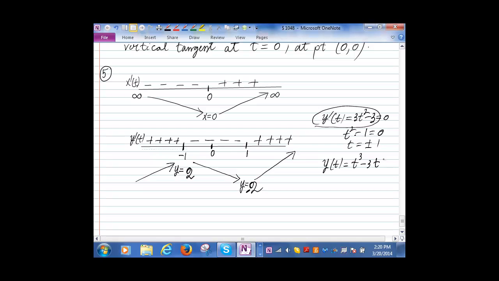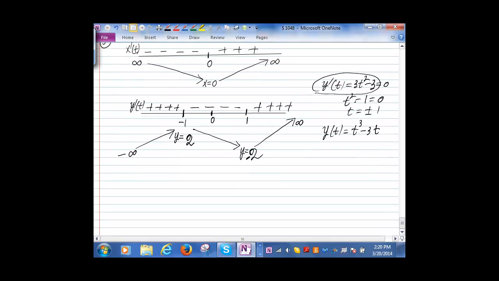Big and negative, and that dominates 3t. So I know that it's coming from negative infinity. And then, of course, it decreases from 2 to negative 2, and then it increases back to positive infinity, because when t is big, t cubed is big. So we know where the functions are increasing and decreasing.